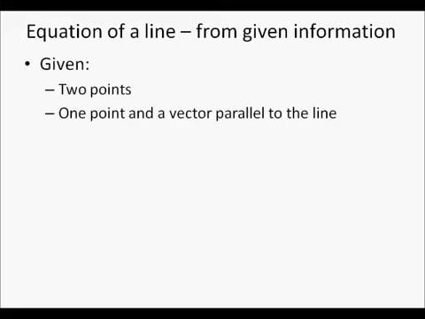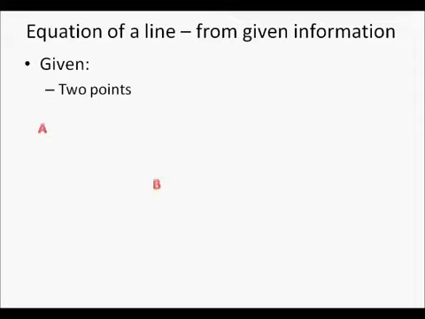Now, the equation of the line from given information. There are two ways of information being given for finding the equation of a line. You might be given 2 points, or you might be given 1 point and a vector parallel to the line, as we just did. What do we do when we are given 2 points a and b? Join them.